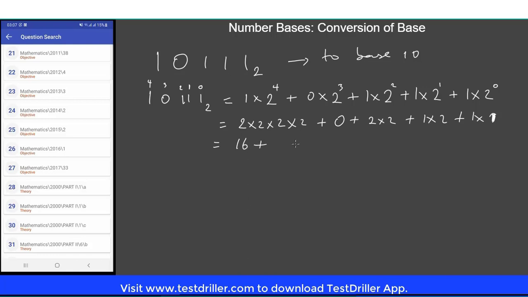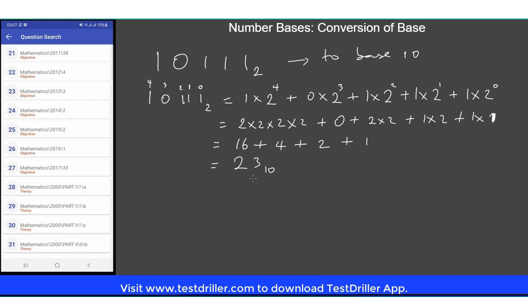Then plus 0, then plus 4, then plus 2, then plus 1. So if you add up all of this, you're going to get 16 plus 4, that's 20 plus 2, that's 22 plus 1, and that's 23 in base 10. So this is how you convert from a base other than 10 to base 10.